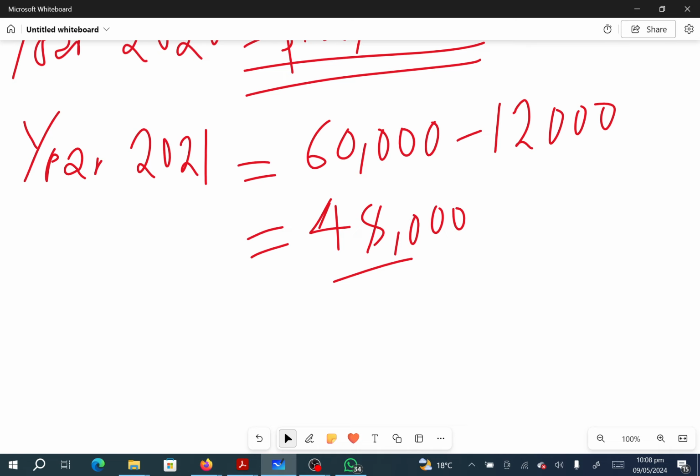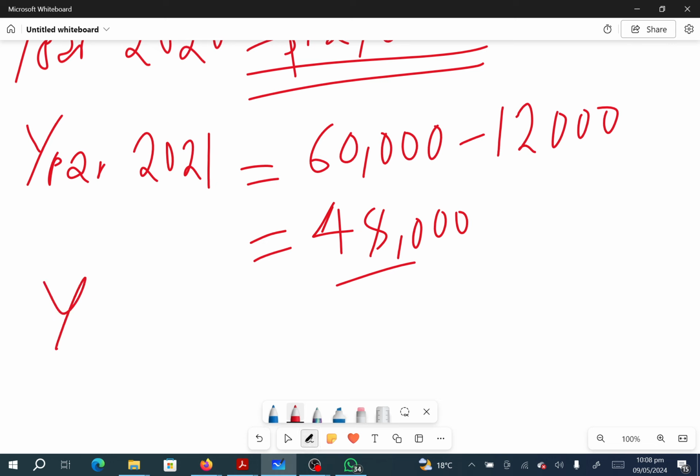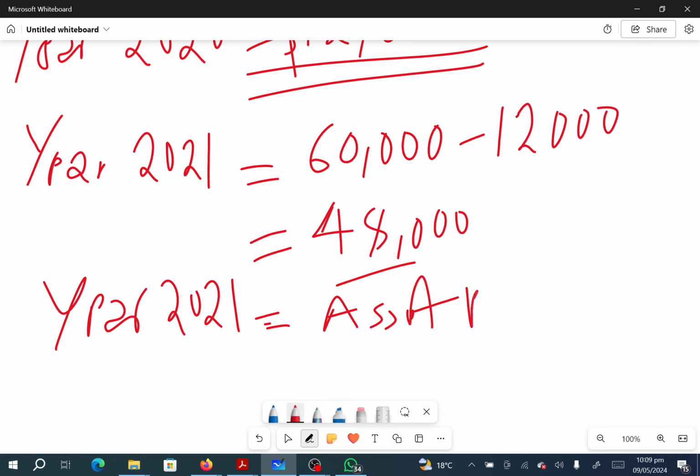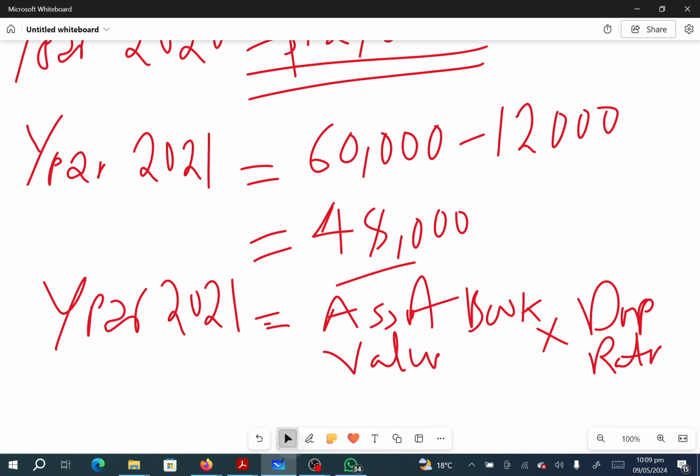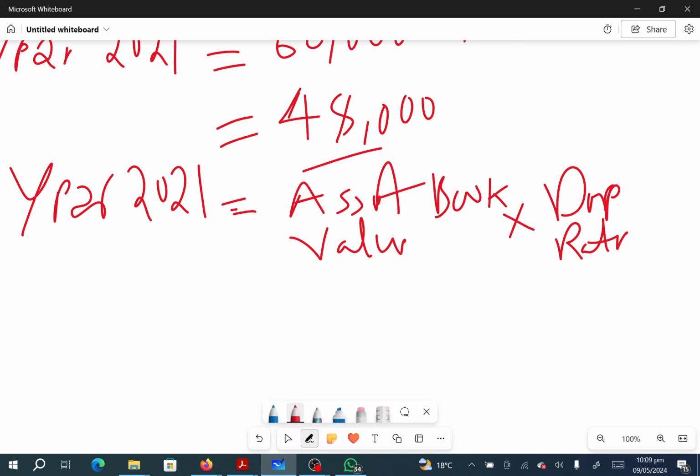So now for year 2021, depreciation is equal to asset book value multiplied by depreciation rate. The asset book value for this year is 48,000. Then the depreciation rate is 0.2.